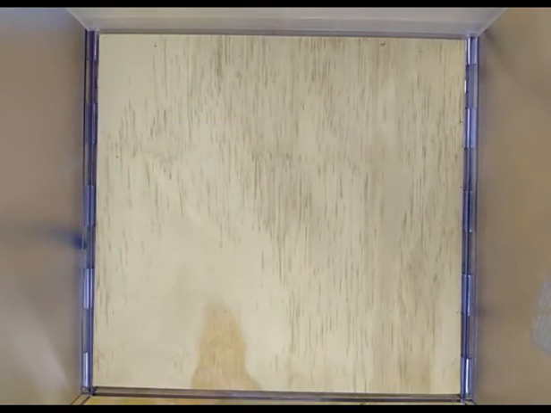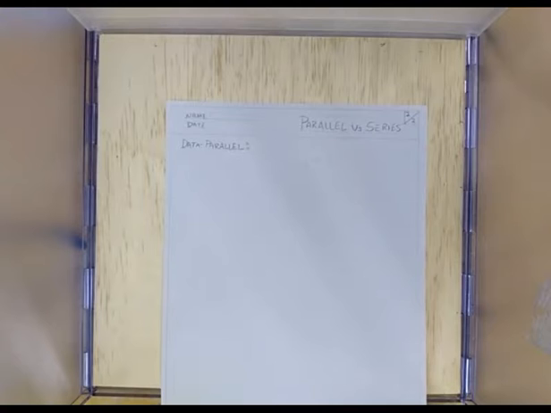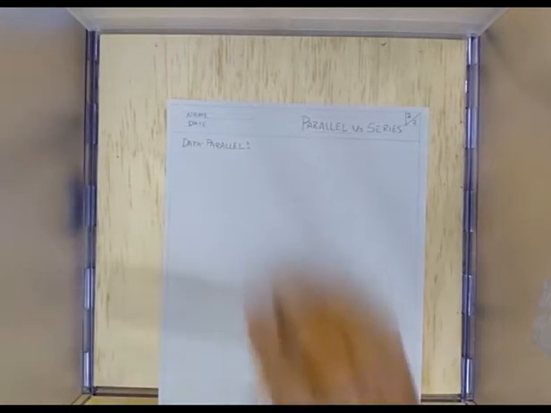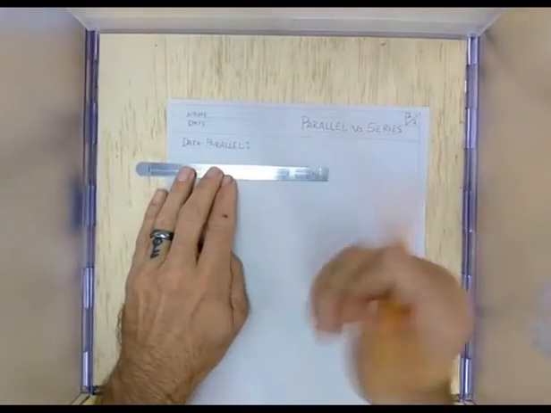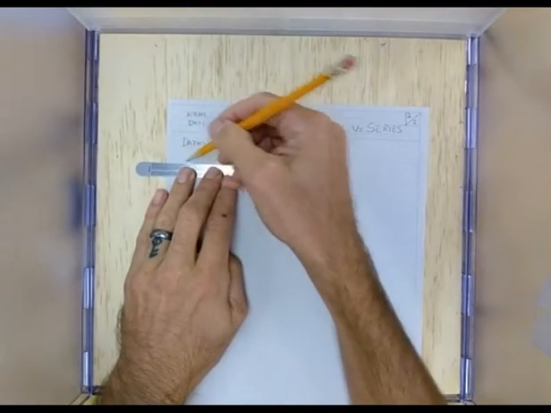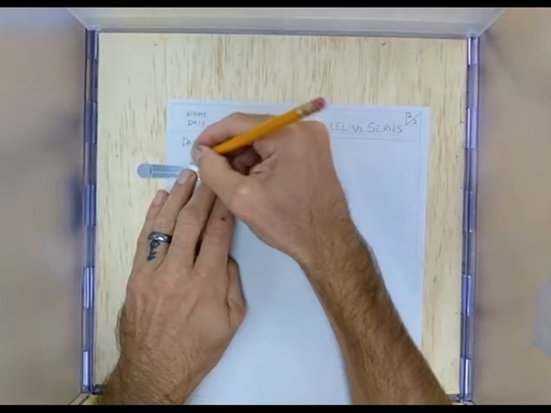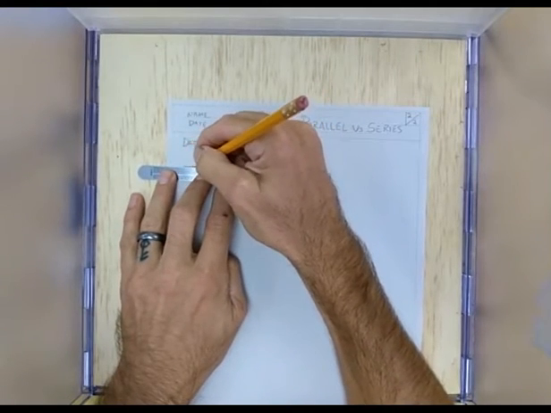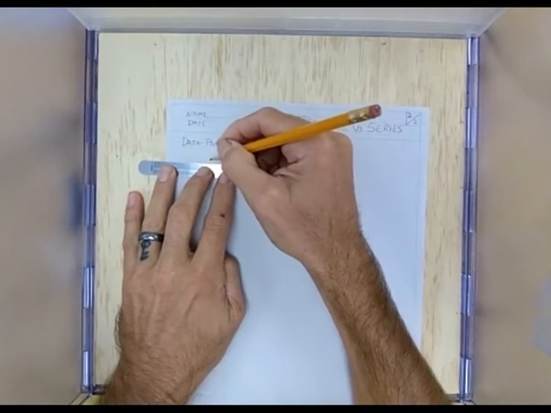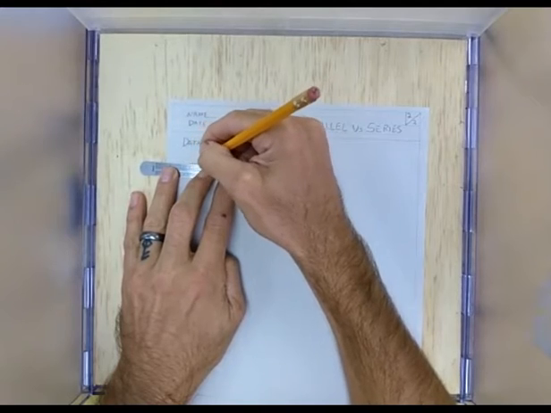So I'm going to start with my schematic. And this time, what I want you to see is that we're going to have multiple paths coming through. So let's make that long and make this short.